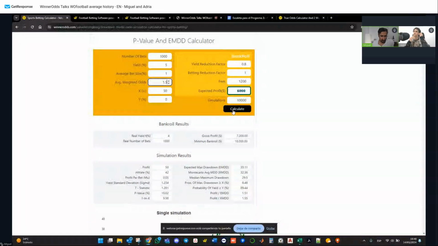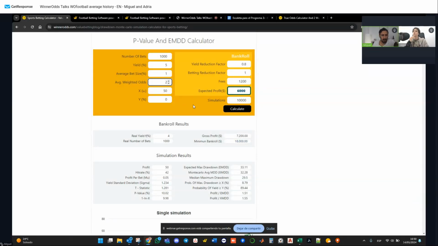Obtaining a 5% yield with a system with 1.5 average odds gives 3.3, for example, for the profit to maximum drawdown ratio, and for 2.5, the system is valued at half with this parameter, so the average odds affect a lot. So you cannot take into account only the yield, but also the average weighted odds in order to compare different tipsters or different systems, or in WinnerOdds in order to compare different sports.